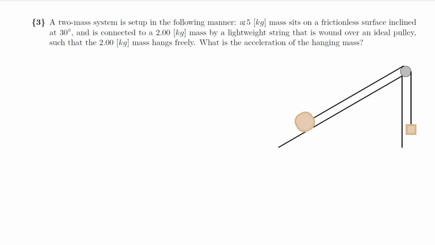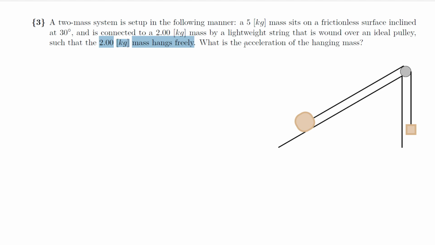You have a 5 kilogram mass that sits on a frictionless surface, which is inclined 30 degrees, and it's connected to a 2 kilogram mass, the other one over here, by a lightweight string that is wound over an ideal pulley, such that the 2 kilogram mass hangs freely, meaning basically there's nothing other than the string supporting it and gravity pulling it down. There's nothing else interacting with it.